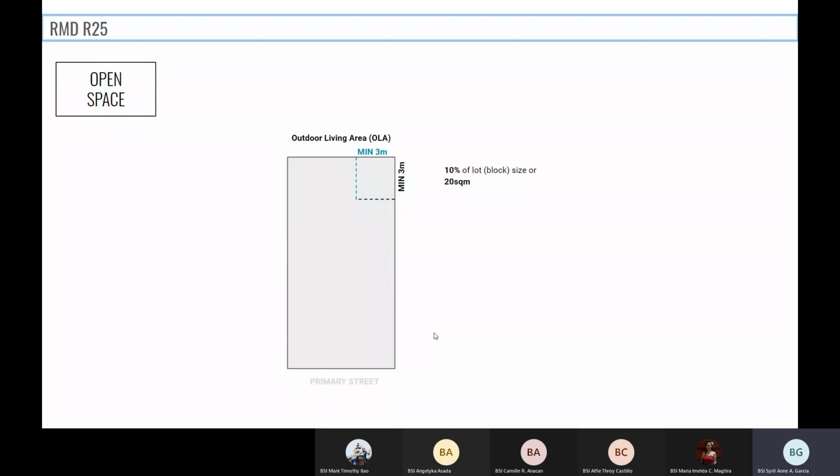So one side has to be 3 meters. There has to be direct access from the habitable areas, from a common space or area going to the OLA. And 70% of it has to be uncovered, so only 30% of the OLA should be covered space.